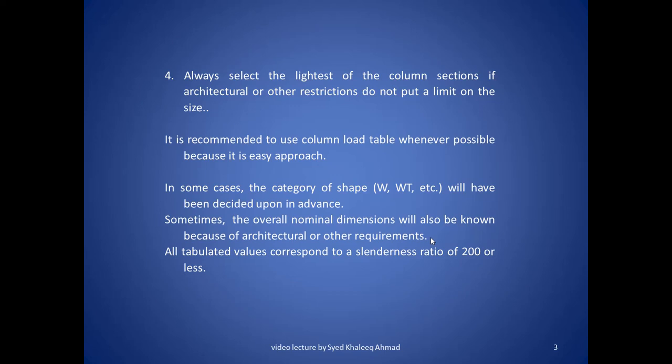If it says W10, W12, W8, because of the depth requirement, we have to restrict to those values. All tabulated values correspond to a slenderness ratio of 200 or less. That is our requirement, that we have to design a section in such a way that the slenderness ratio is not more than 200, and that is maintained in these tables.